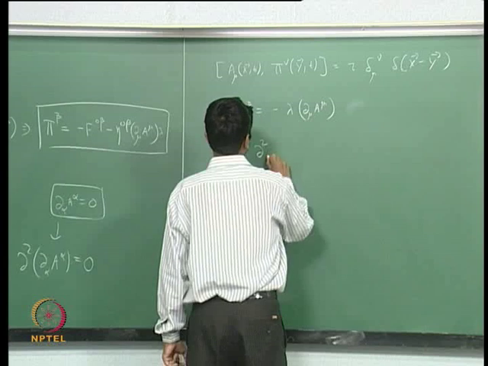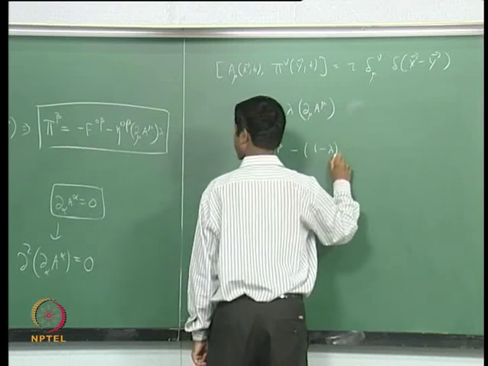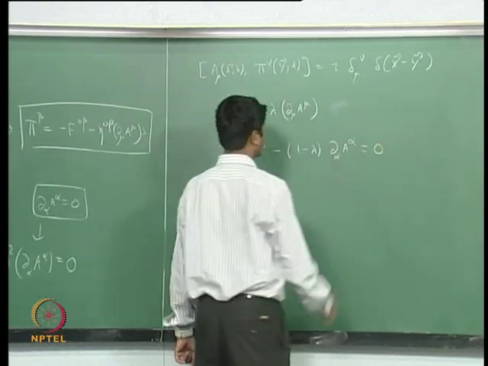So, the equation of motion is del square A beta minus (1 minus lambda) del alpha A alpha equal to 0.